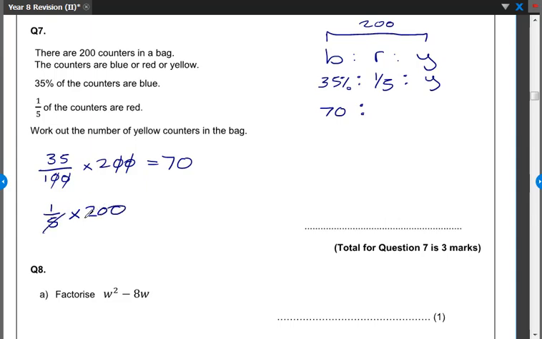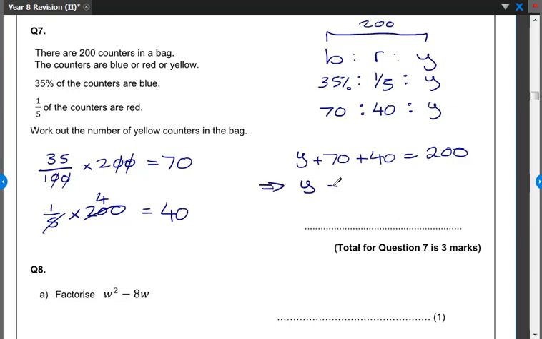Divide by 5, we get 40. That's y. We can say y plus 70 plus 40 equals 200. That implies y equals 200 minus 110, because these add together to give you 110. That's 90. That's that. We move on.